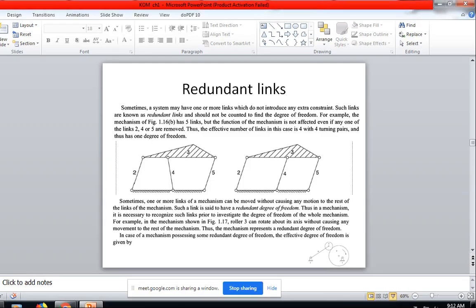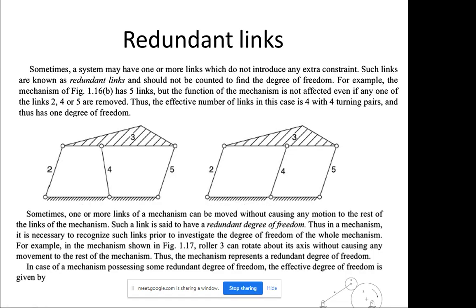Then sometimes one or more links of the mechanism can be moved without causing any motion to the rest of the links of the mechanism. Such a link is said to have a redundant degree of freedom. So in the same way as the redundant link, such a link will have the redundant degree of freedom.